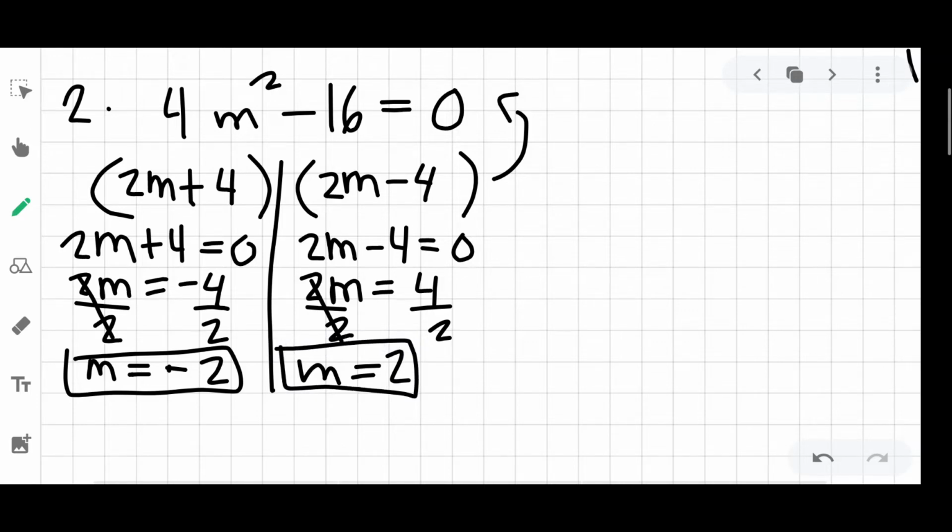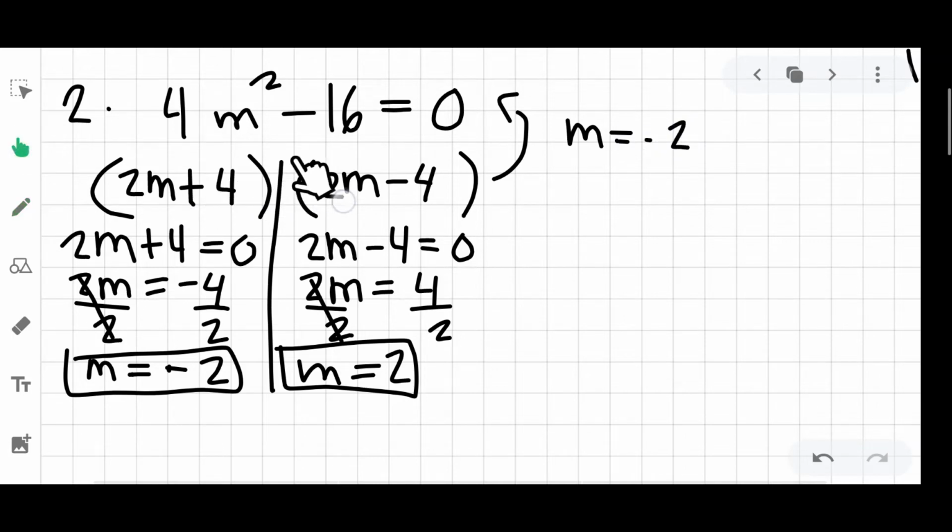Kung gusto mong i-check itong sagot natin kung tama ba, the same as our previous example, gagawin lang natin, kukopyahin ko yung una nating solution, which is m equals negative 2.